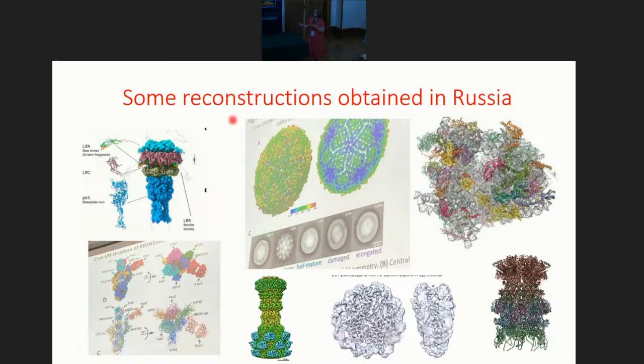Some are unpublished yet, but already under review, and some of them have not very high resolutions, but again, this is very important because these reconstructions were obtained using our in-house microscopes.